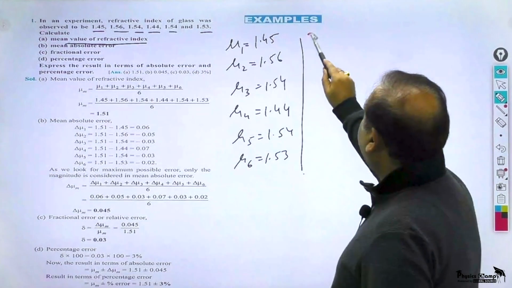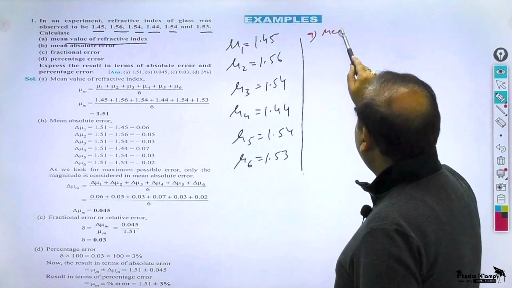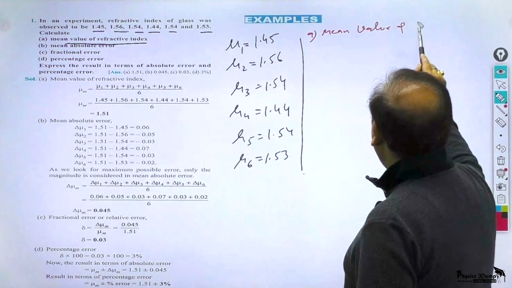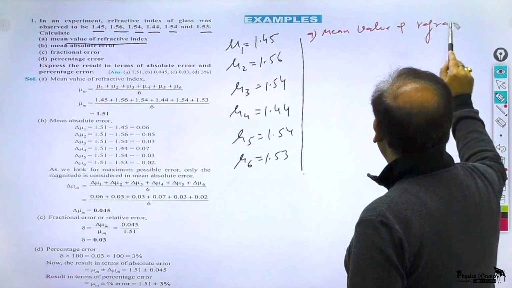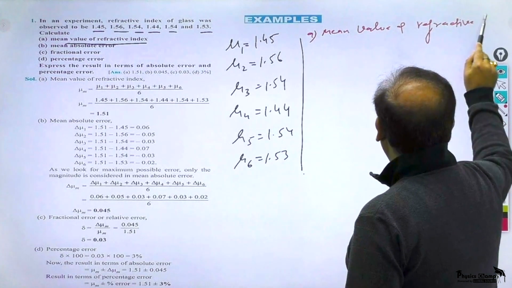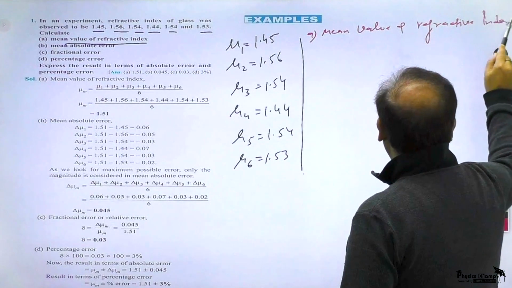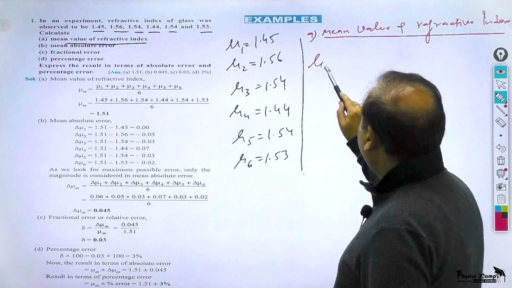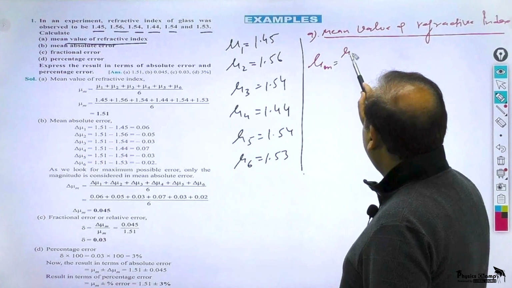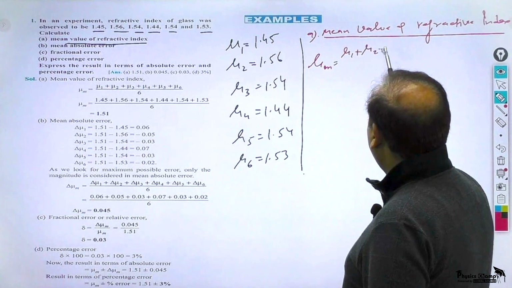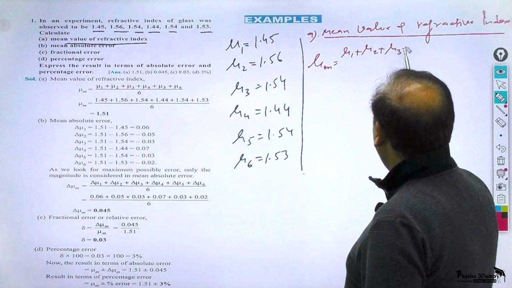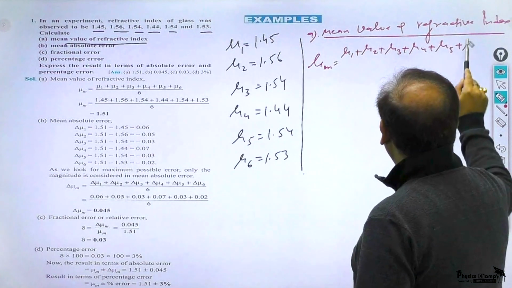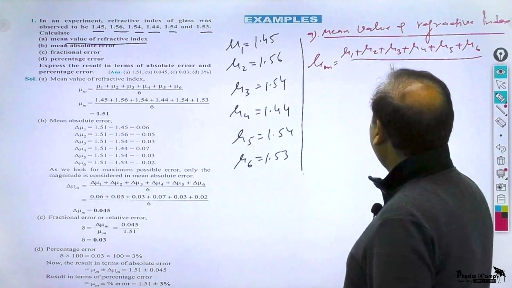So first part is how to get the mean value of refractive index. We will say the mean value will be mu1 plus mu2 plus mu3 plus mu4 plus mu5 plus mu6 divided by 6.